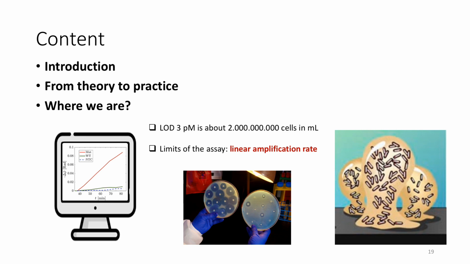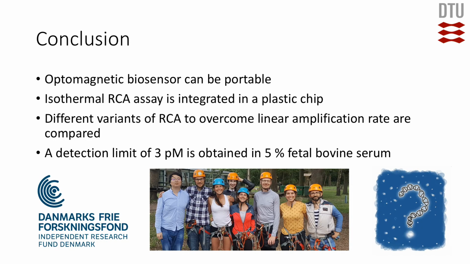Well, in conclusion, I would like to say that the optomagnetic biosensor that I have presented is attractive because it can be portable, and the isothermal rolling circle amplification assay can be not only integrated with the optomagnetic biosensor, but can also be integrated on a plastic chip, which makes it disposable and low cost.